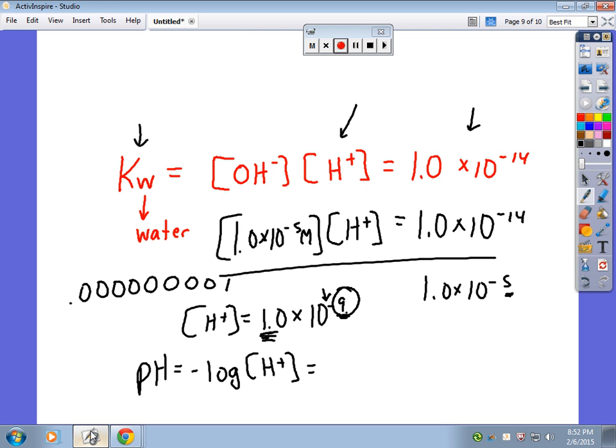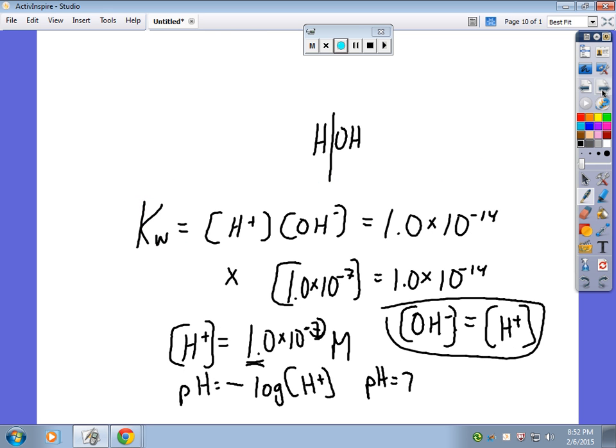So what's our pH? Our pH is 9. Why do we know that without plugging it in? There's a 1 there, and there's a 9 here. That minus gets taken care of in this log. If you don't believe me, plug in the negative log of hydrogen ion concentration, and you will get 9. Okay, 9 point whatever, again, we'll worry about that later. And if you have a pH that's greater than 7, then you have a base.